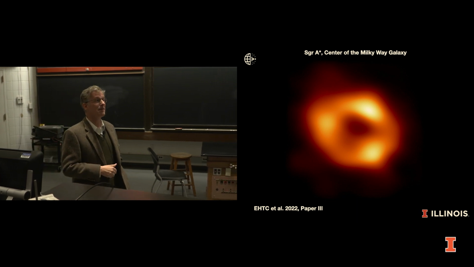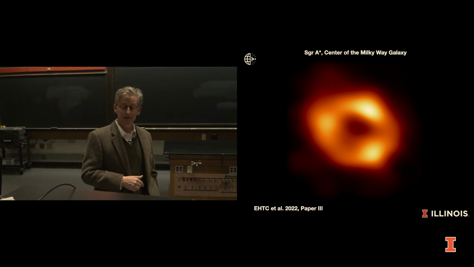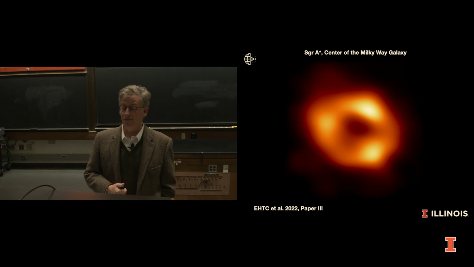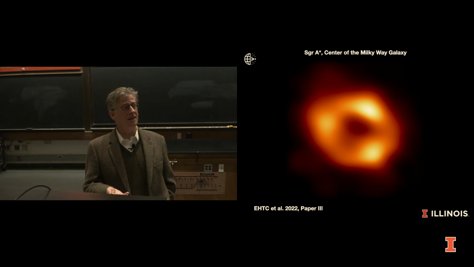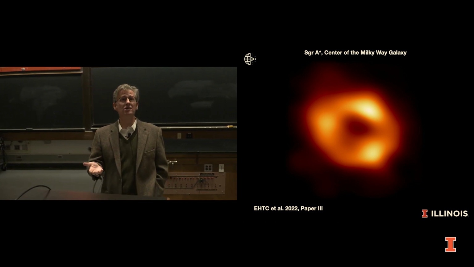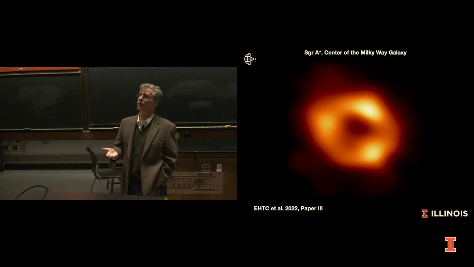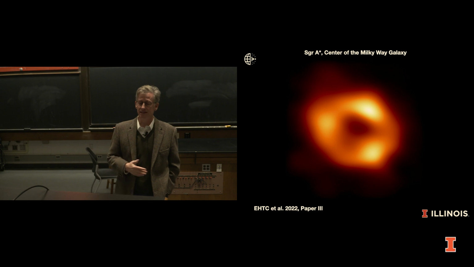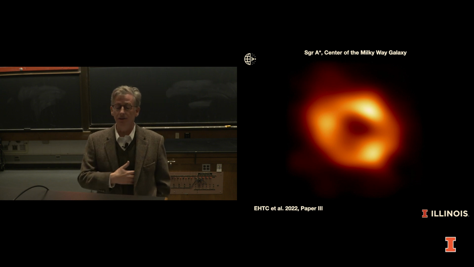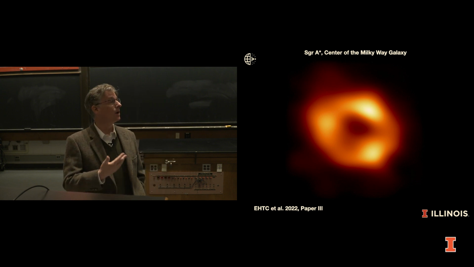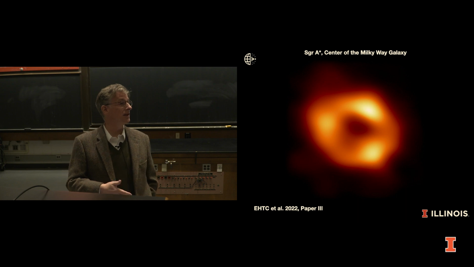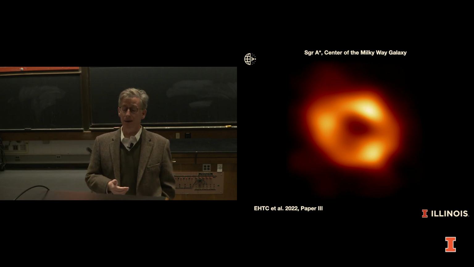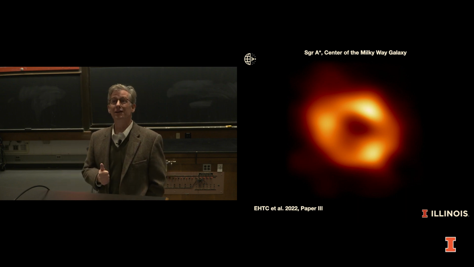So this came out in May, almost exactly 5 months ago. And this is an image of the black hole that lies at the center of our galaxy, the Milky Way galaxy. I'll try and explain to you what you're seeing in this image, how it was made, and what you should believe about the image.